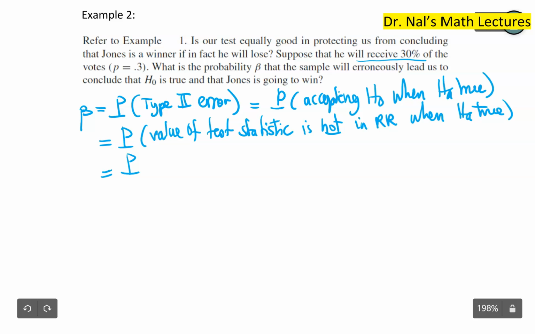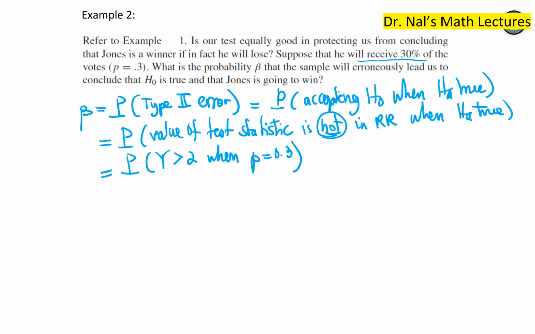Because we decided the rejection region is 2 or less, not being in the rejection region means y is strictly greater than 2 when p is equal to 0.3 in reality. Obviously, before the true election, it's impossible to calculate the beta, because we don't have access to that number. Only afterwards you can say if you have committed a type 2 error.